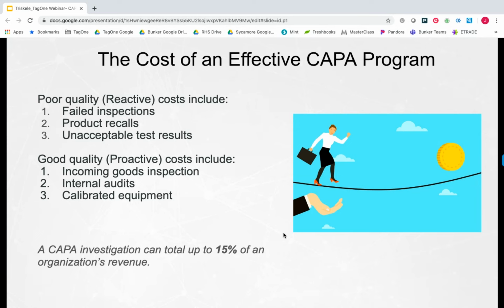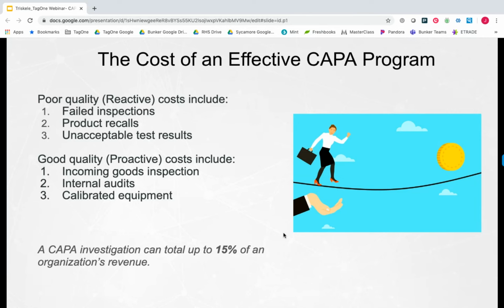And I have on here a CAPA investigation. I'm sorry. Go ahead. No, go ahead. I have it on here. The CAPA investigation can total up to 15% of an organization's revenue. I pulled this stat a couple years ago from ASQ, and it's probably still pretty relevant. The example I gave with the varnish investigation cost our company close to $500,000. Wow.